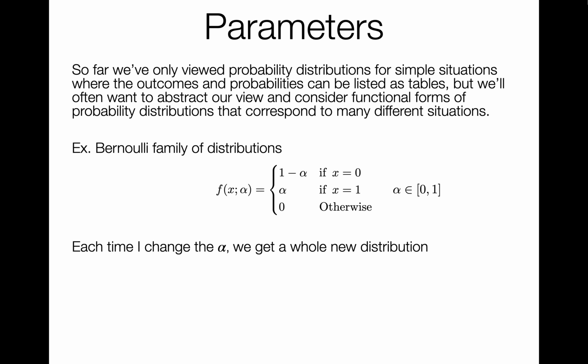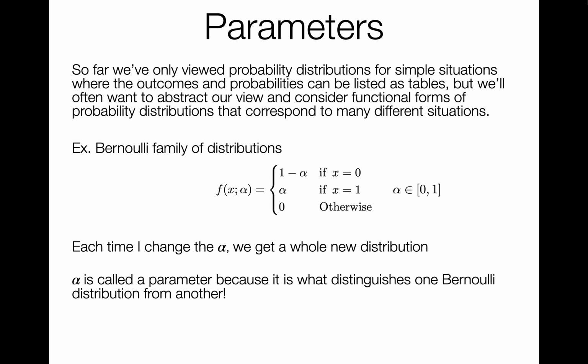Each time I change the alpha value, I get a whole new distribution. If we were flipping a fair coin, alpha would be 0.5. If I were doing something else, it might not be 0.5. But each time I change that alpha value, I get a whole new distribution.